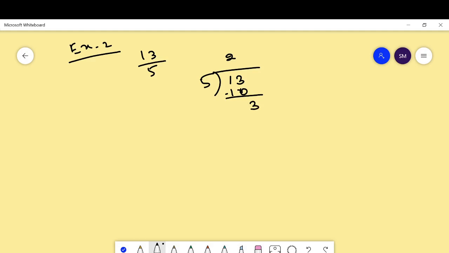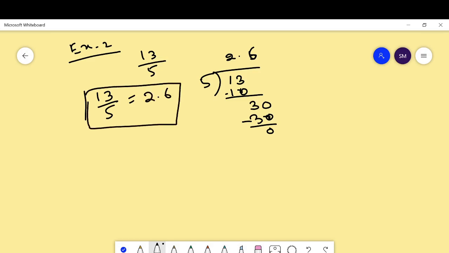Put a decimal point and add 0 here. Then 5 6s are 30. Then we get 2.6. 2.6 is the decimal form of 13 upon 5.